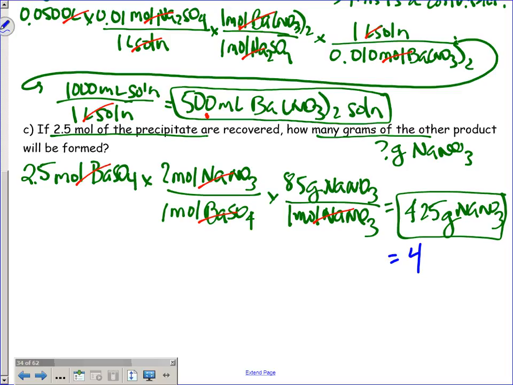I have most of the periodic table memorized with the masses, so I just go with my memory. So if that's like 85 point what for you, or 84 point? 84.994. Yeah, so it's going to be a little bit lower. So if you put 420 grams or 430 grams based on your first initial answer and then rounding, I can look at your work and watch your process. It's more about the process necessarily than the final answer. But grams should be grams of sodium nitrate. Okay, so that's number 3.